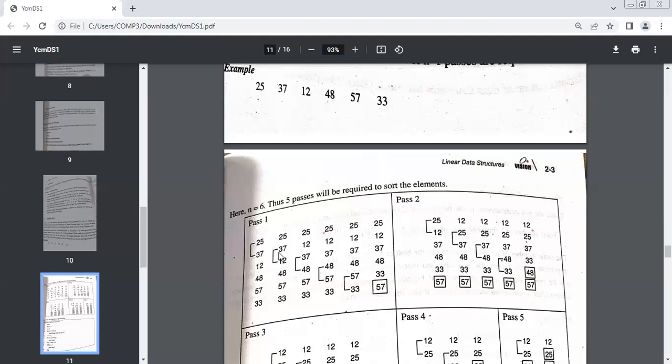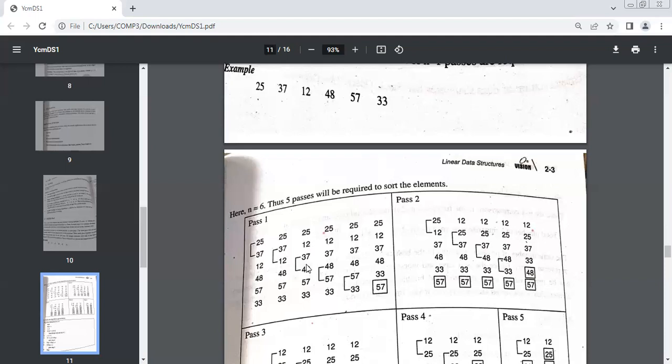So 37 की जगह 12 जाएगा और 12 की जगह कौन आएगा? 37 आएगा. Okay, in first pass, compare this third element which is 37. Now compare this 37 with 48. Okay, there is no change because 48 से 37 less है, so there is no swapping.